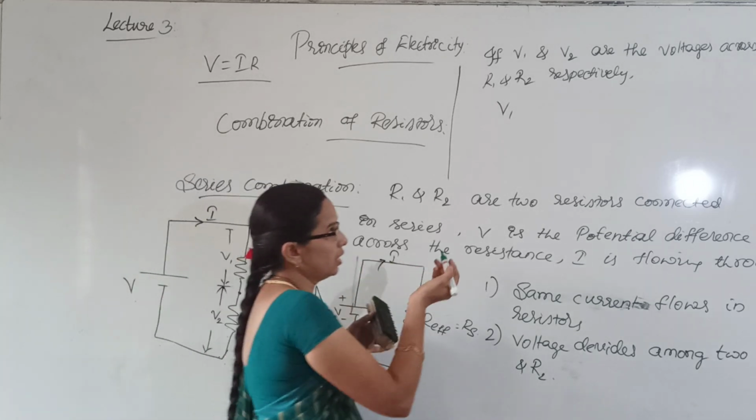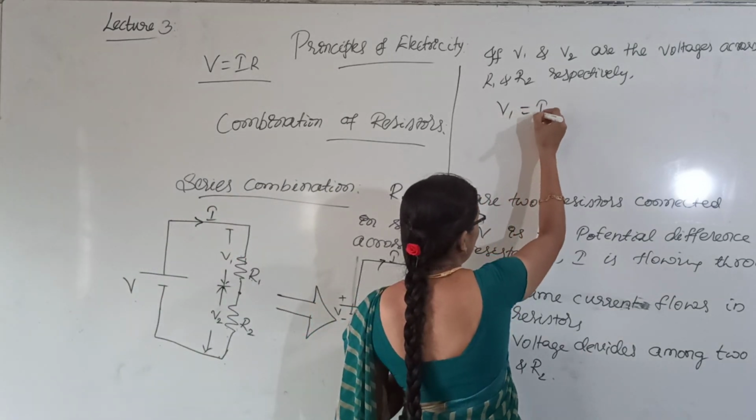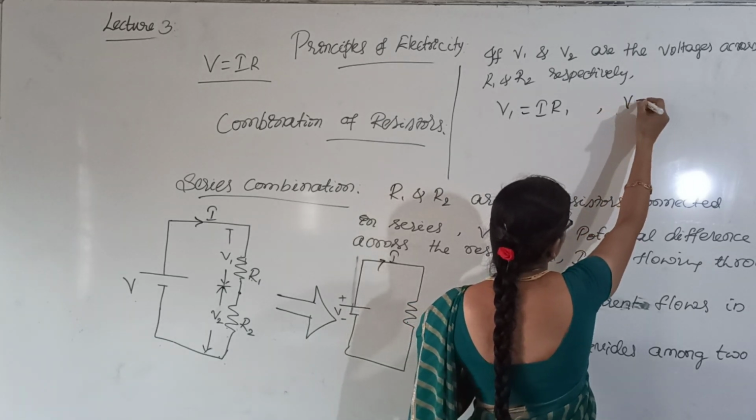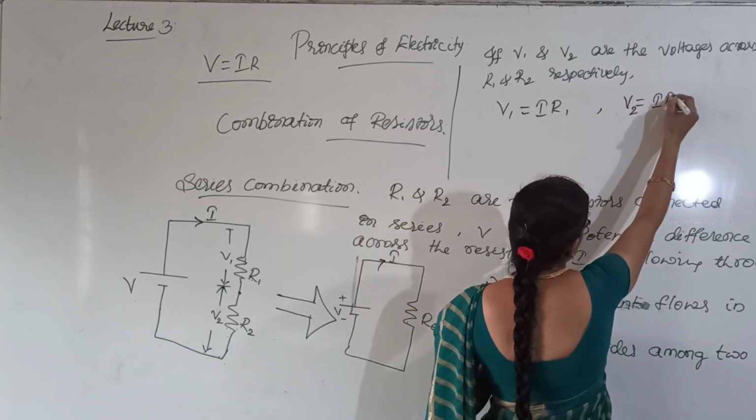So current is the same, so V1 is equal to IR1 and V2 is equal to IR2.